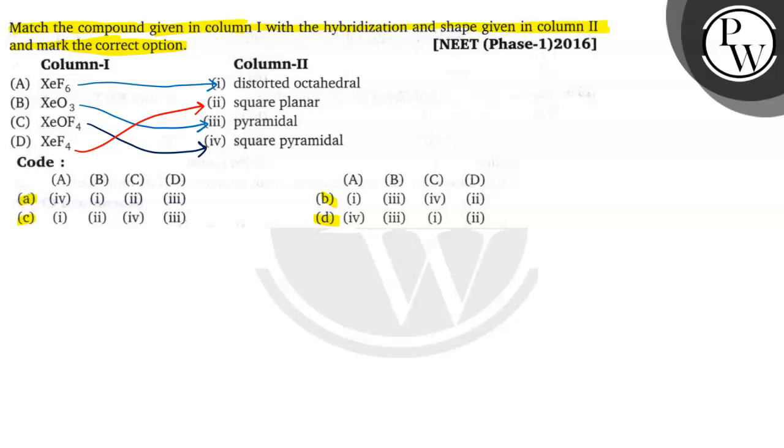A1 ऑप्शन बी में है, सी में भी है. तो हमारा आंसर ये नहीं हो सकता और डी भी नहीं है. 2 ऑप्शंस एलिमिनेटेड. अब बी में सी में चेक करना है. और बी XeO3 इज मैचिंग विथ 3. देखो यहाँ पे डिसाइड हो गया हमारा ऑप्शन बी करके. ऑप्शन सी XeOF4 is with 4 and D is with 2. Yes. So, which option is correct? Option B is correct. Hope you understood. Good luck.